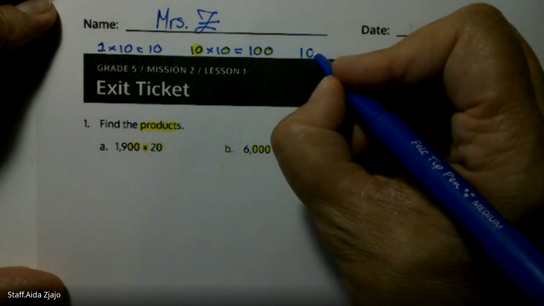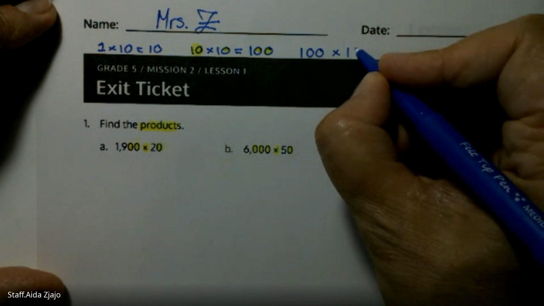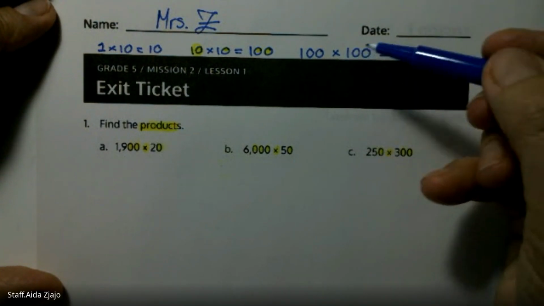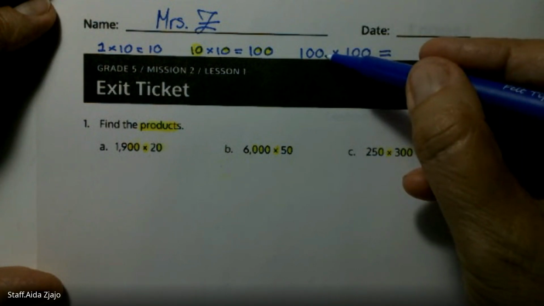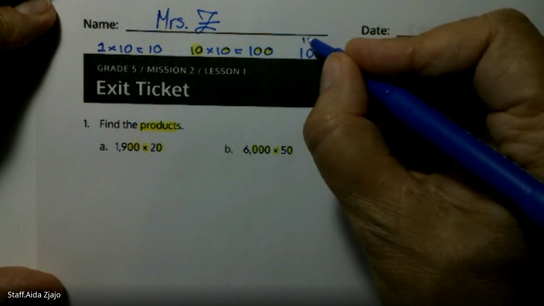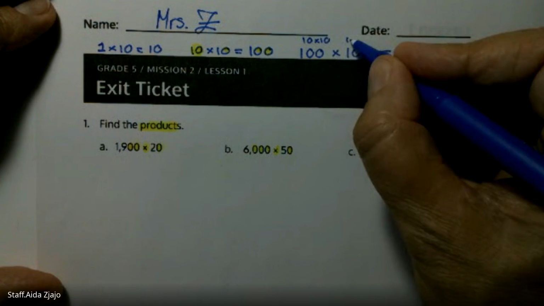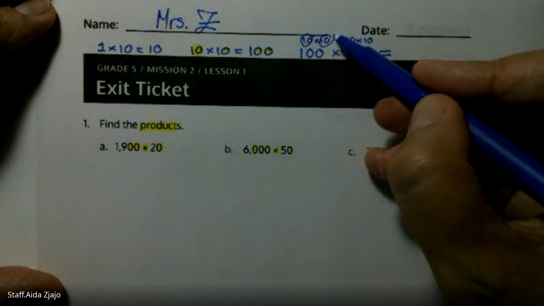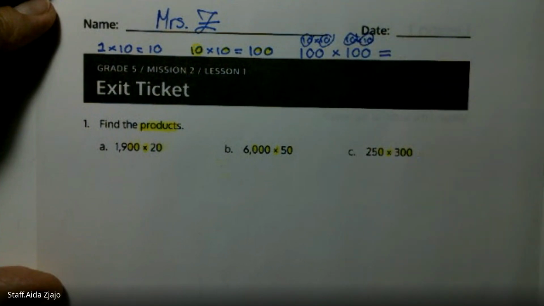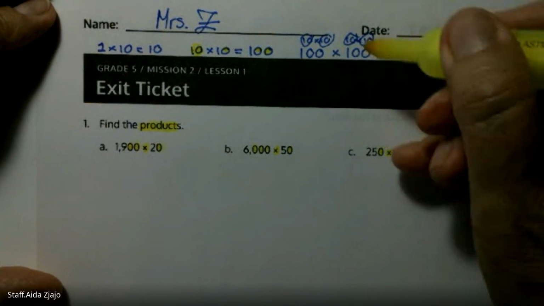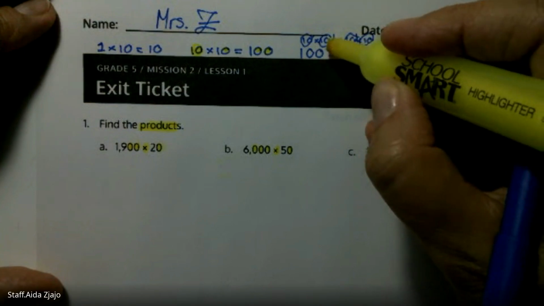So if you happen to have 100 times 100, then you practically will have in your solution 4 zeros, because there's a multiple of 10, 10 times 10, and then this is also 10 times 10. So that means you have 1, 2, 3, 4 tens to multiply. So that means these 4 zeros go in your solution.